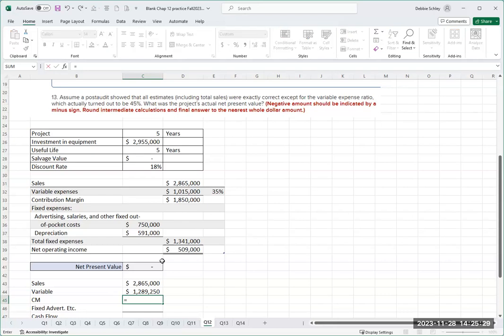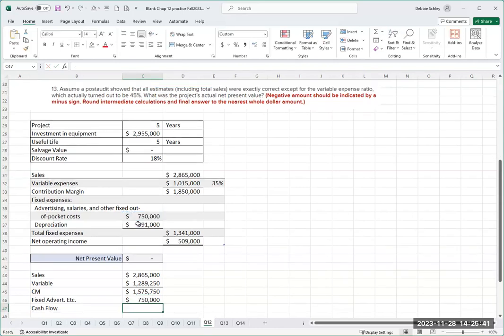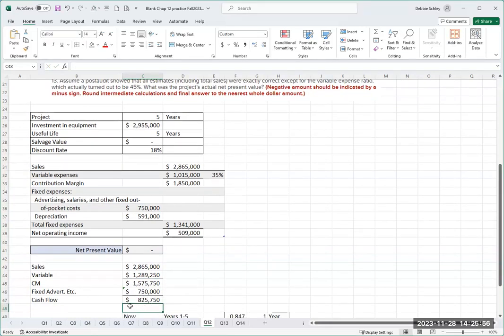So then take sales minus variable equals contribution margin. And then I just need my fixed advertising and etc. I don't take into account depreciation right now because we're just talking about cash flow. So equals this minus 6. Okay.